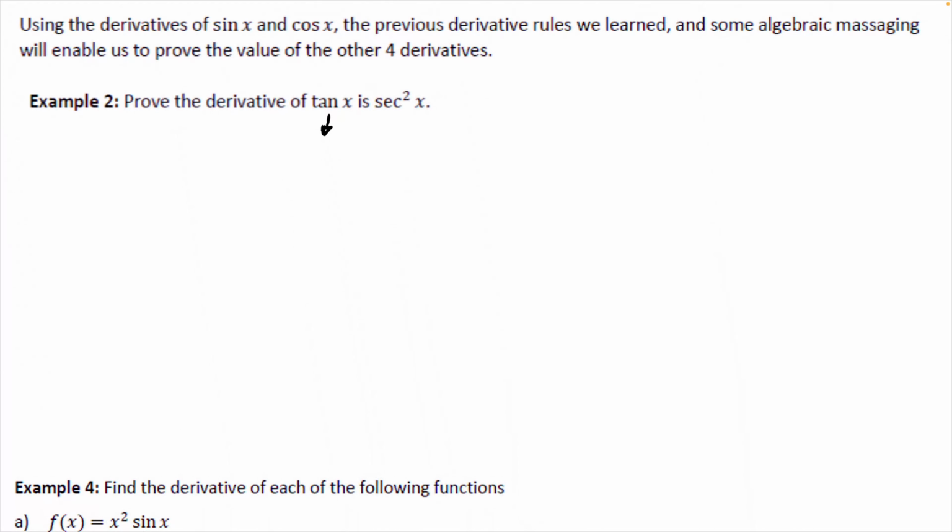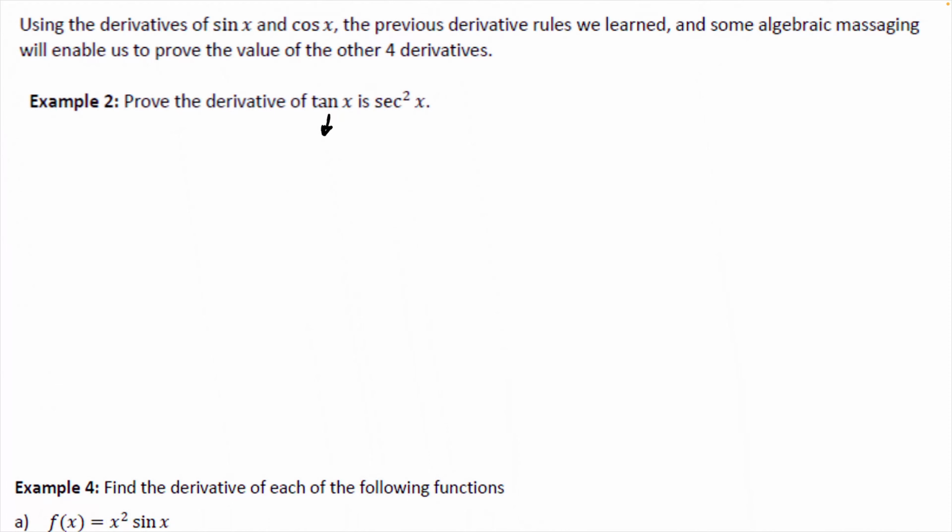Tangent was a combination of both. It was y over x, because sine is opposite over hypotenuse, and the hypotenuse is always 1 on the unit circle. Cosine is adjacent over hypotenuse. Tangent was opposite over adjacent. So it was y over x. Okay?